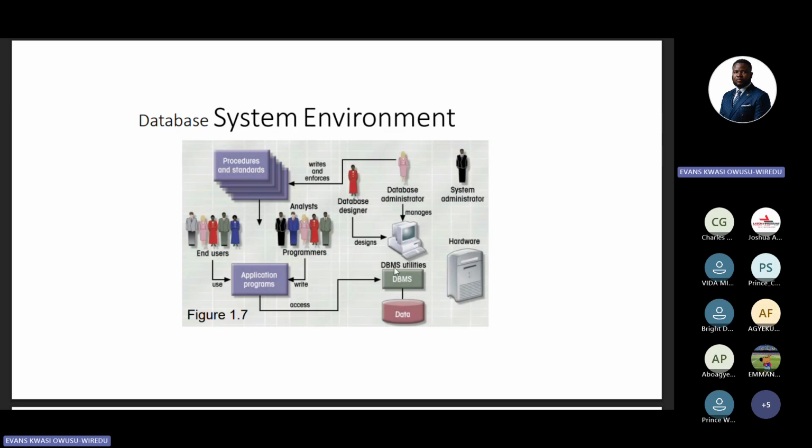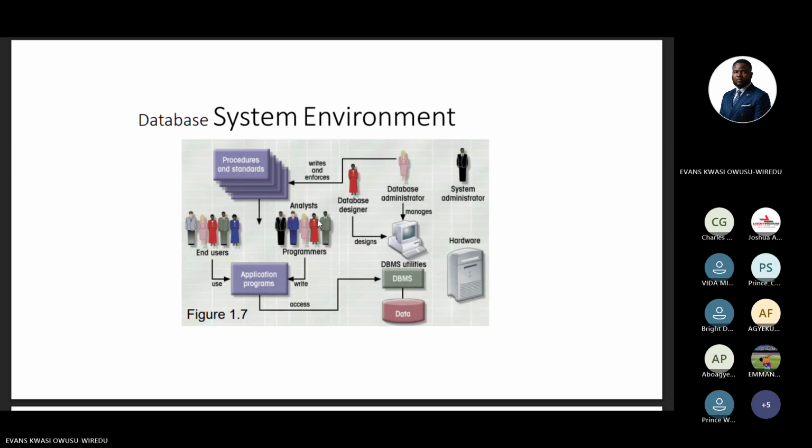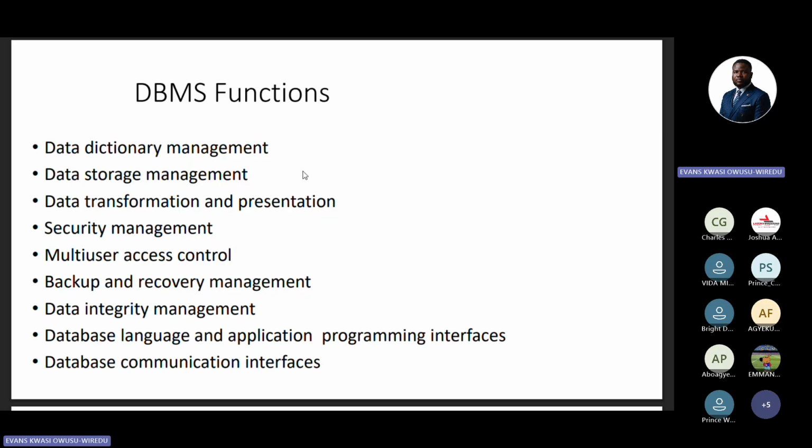So that's basically it. It involves the use of hardware. That's why you see hardware there in that environment, and you see the end users, and then the programmers who are normally also the analysts, right?